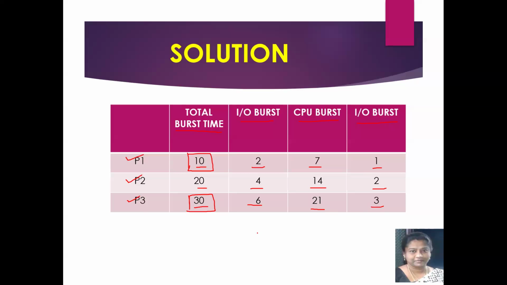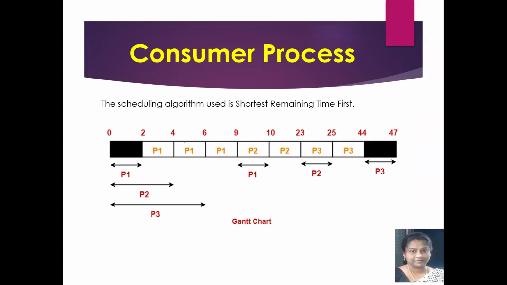Now let's apply the algorithm. The algorithm given to us is SRTF. Based on the SRTF algorithm, I am now going to show the Gantt chart. So this is the Gantt chart. The scheduling algorithm that we are using is shortest remaining time first. According to the problem statement, the first 20% is contributed towards I/O.